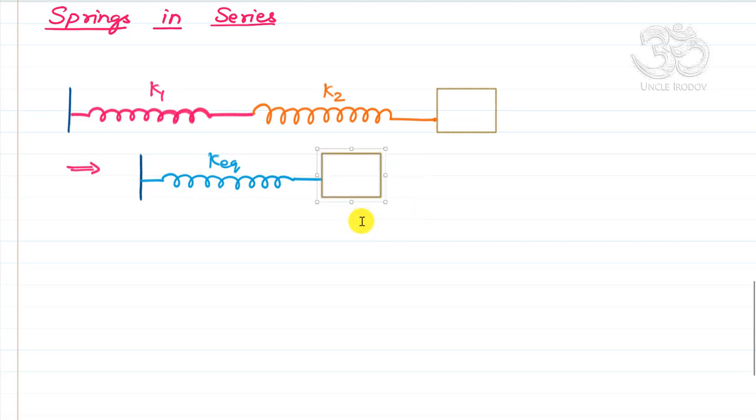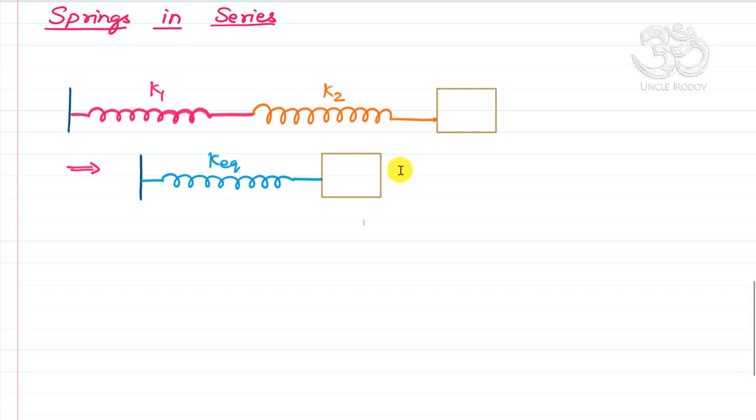What should be the value of K equivalent so that the behavior of this system, the one with the blue spring, is exactly similar to the behavior of the orange and pink spring system, the one on the top?